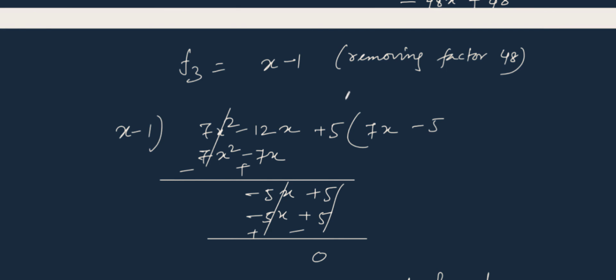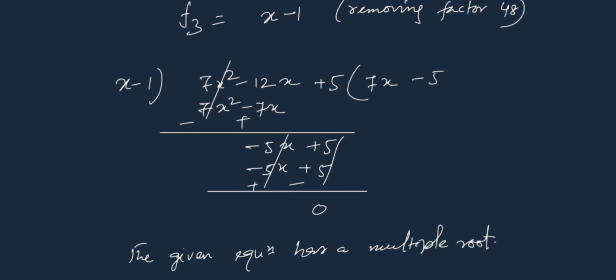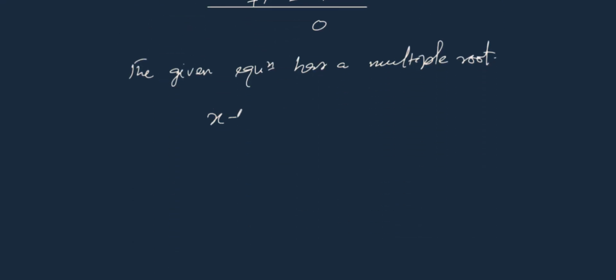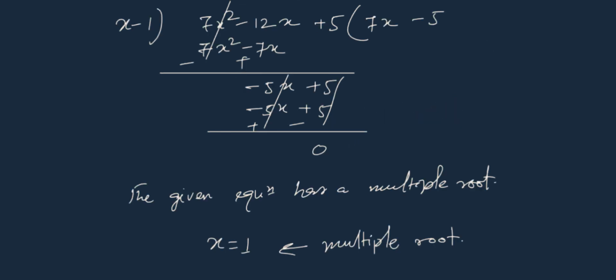That means in the process of finding HCF, x minus 1 is the common factor. So x equals 1 is the multiple root. So let's write down all the Sturm's functions together.